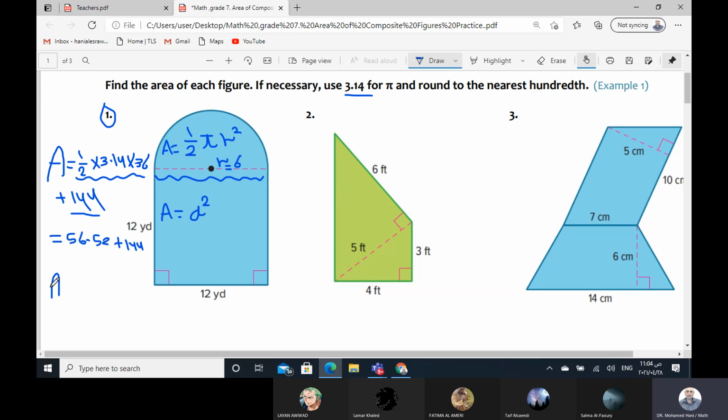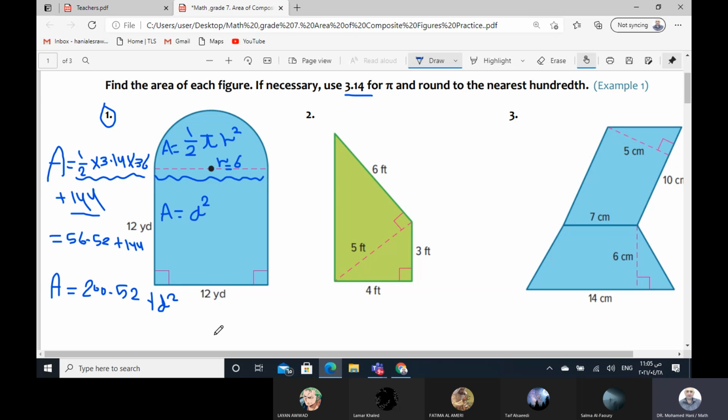So the area will be 200.52 yards squared.